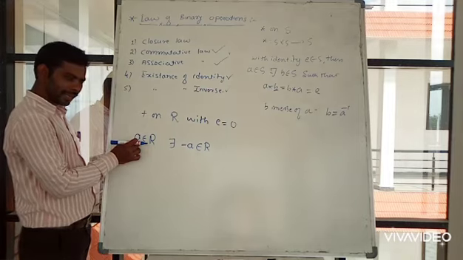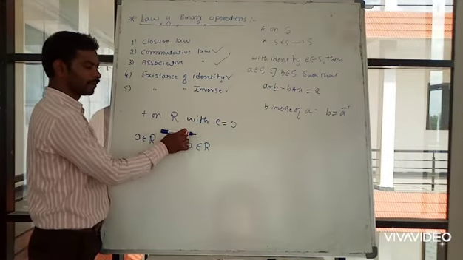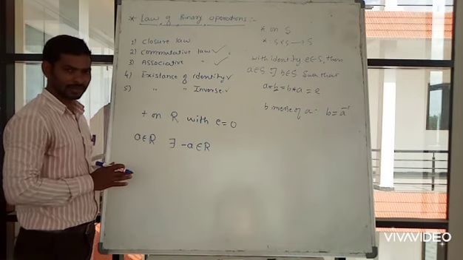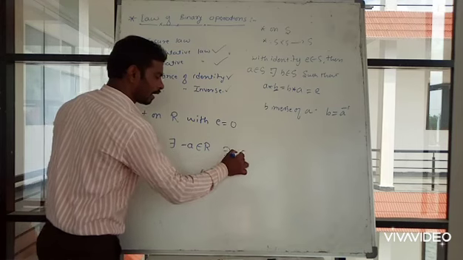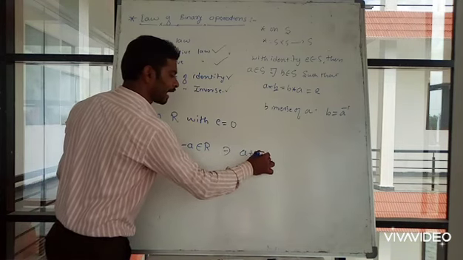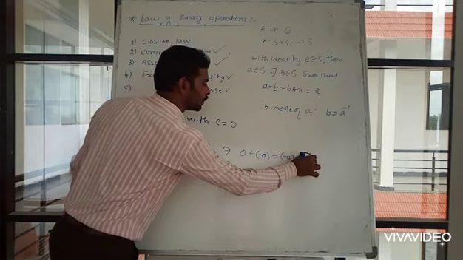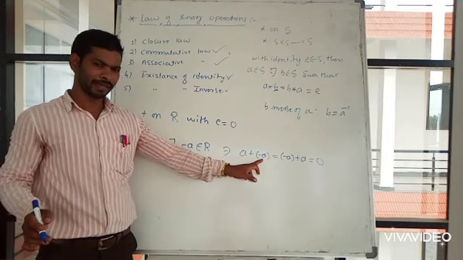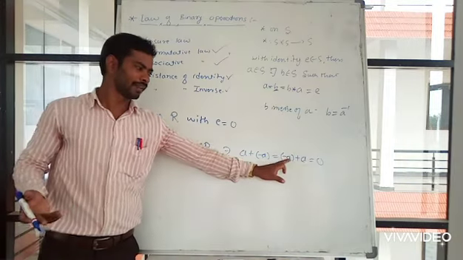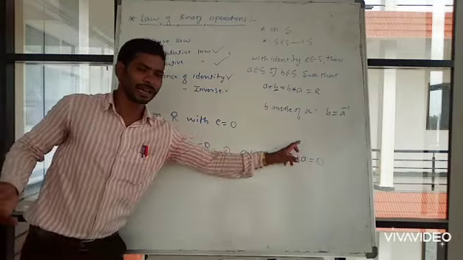If A is any real number, there is always a negative of that real number in the same set, such that A plus minus A is equal to minus A plus A, which is always 0, the identity element.